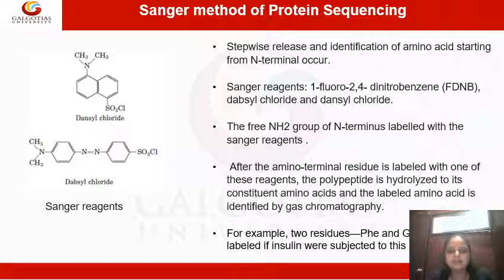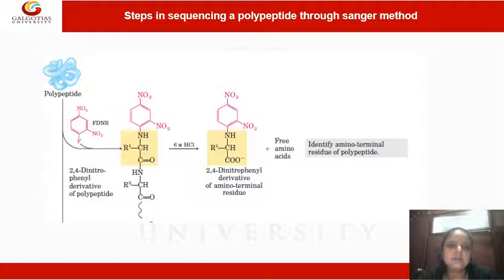For example, two residues, phenylalanine and glycine, were labeled when insulin was subjected to protein sequencing. This is a pictorial representation of the Sanger method of protein sequencing, in which the N-terminal of the polypeptide is labeled with 2,4-dinitrophenyl. After labeling with 2,4-dinitrophenyl, the polypeptide is treated with 6 molar HCl.